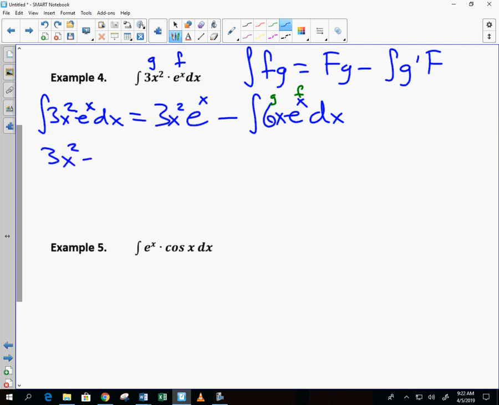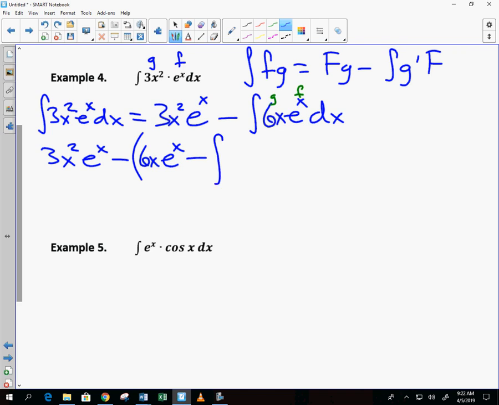3x squared e to the x minus parentheses. So the rule says big F little g. So it's still going to be 6x e to the x, correct?